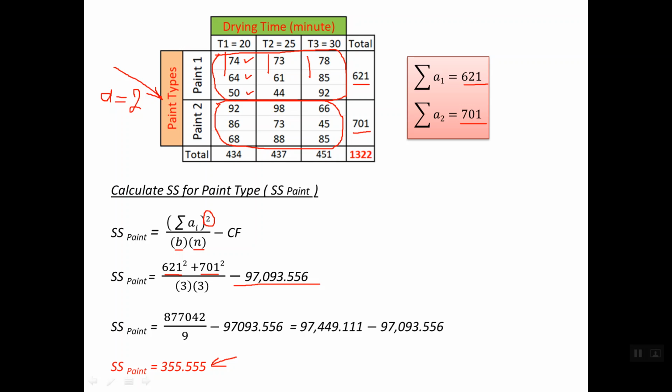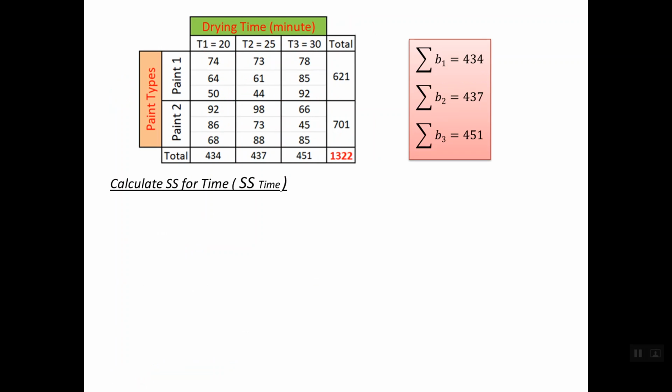So right now we calculated the SS total and the SS for the first factor. Now we can use the same procedure to calculate the SS for the second factor, which is the time.